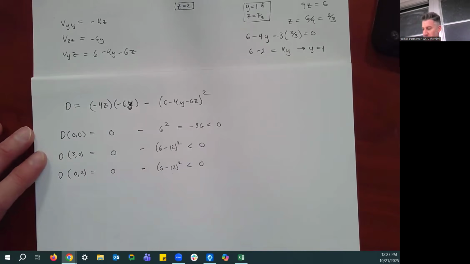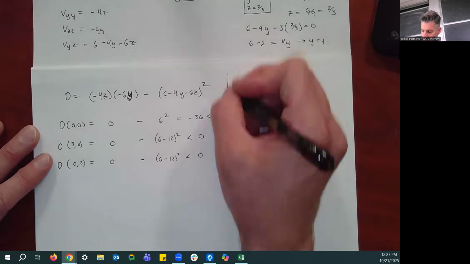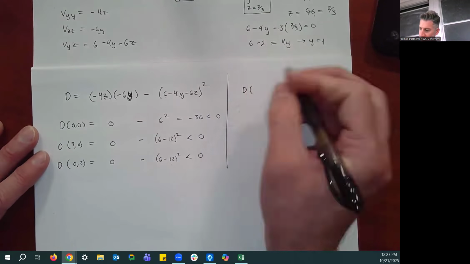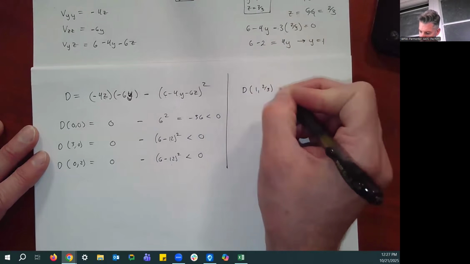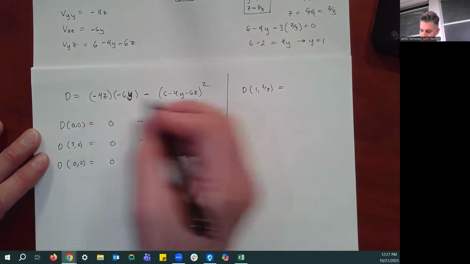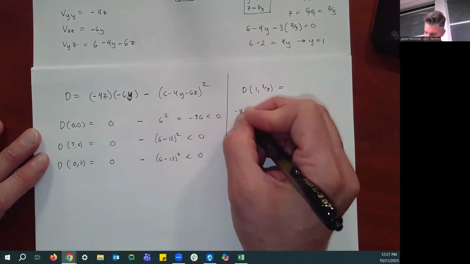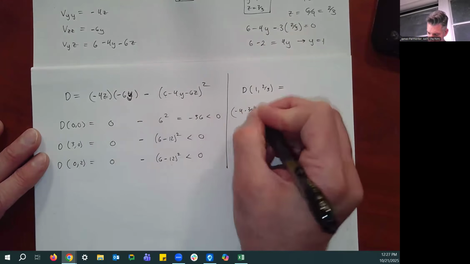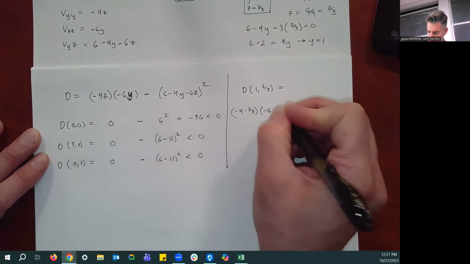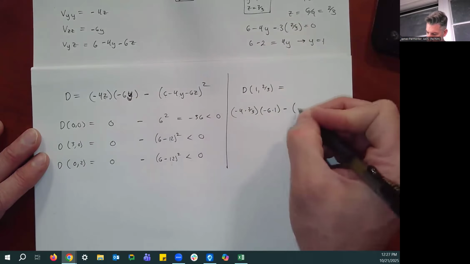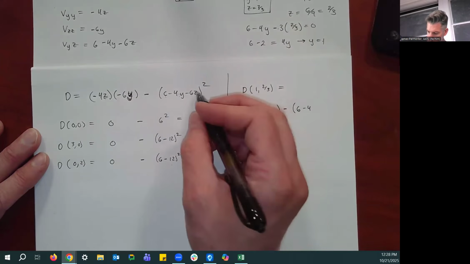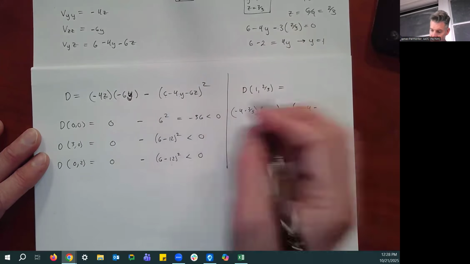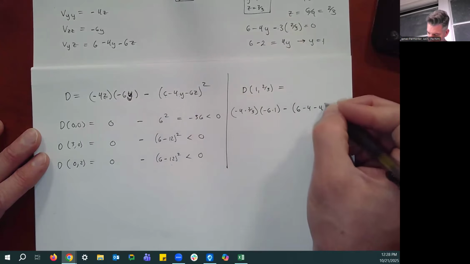Finally, the one we actually care about and could have only really done, if we look at D of 1, 2/3, we're going to get negative 4 times 2/3 times negative 6 times 1, minus 6 minus 4 times 1 minus 6 times 2/3, and 6 times 2/3 is 4 squared.